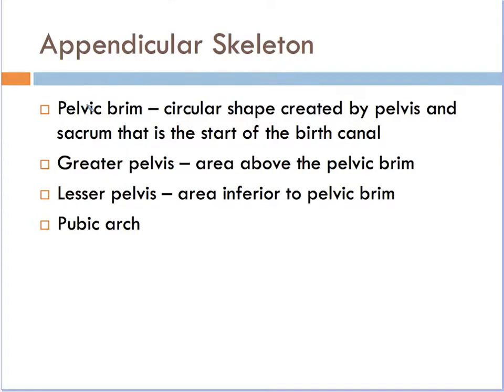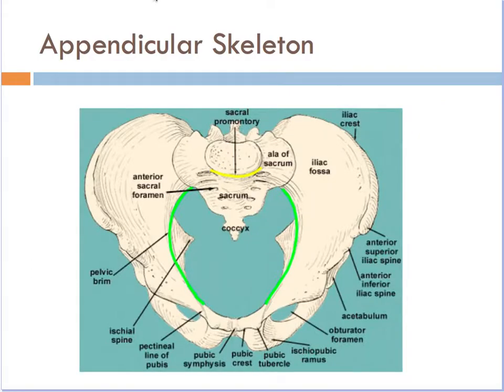So if we're looking at the pubis, we have a pelvic brim. This is the shape created by the pelvis and the sacrum. That is the start of the birth canal. The greater pelvis is the area above that, which is essentially your ilium. The lesser pelvis is inferior to your pelvic brim. And then you have your pubic arch.